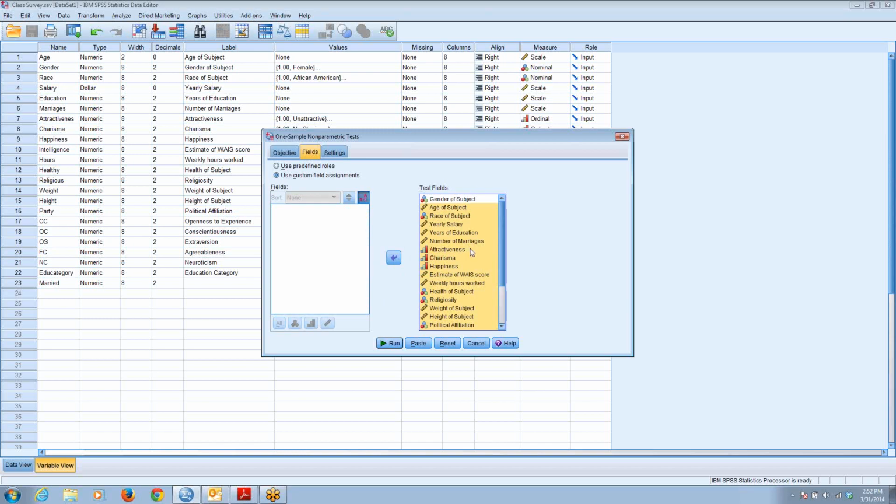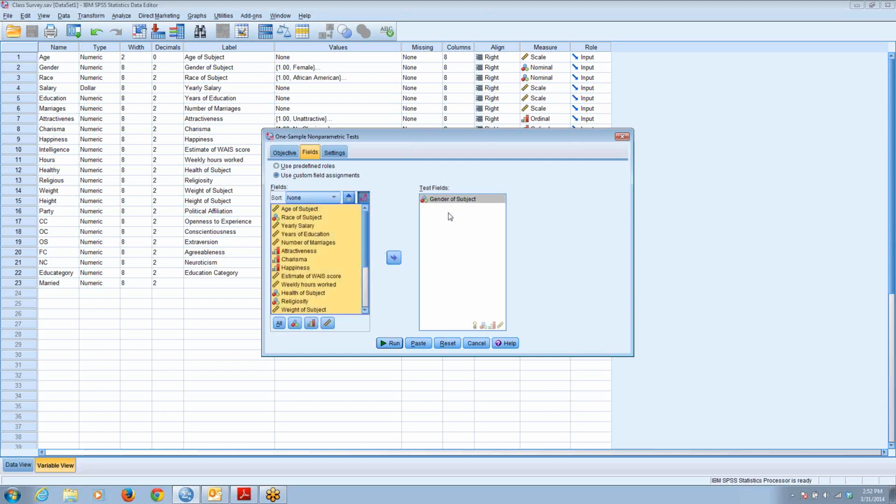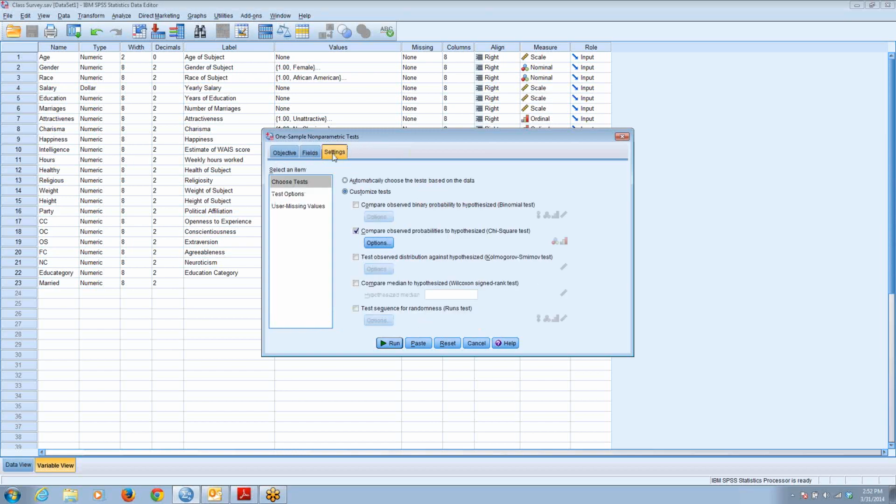That you don't want. Then you're going to get a one sample test for all of these variables. So you just hold shift and the down button, get rid of the ones you don't want. And what we really are interested in is the gender evenly distributed.